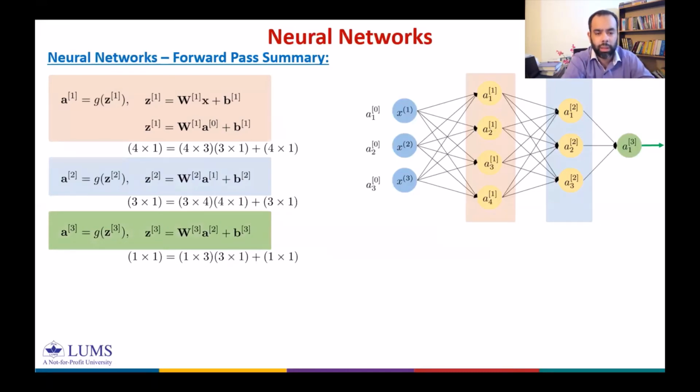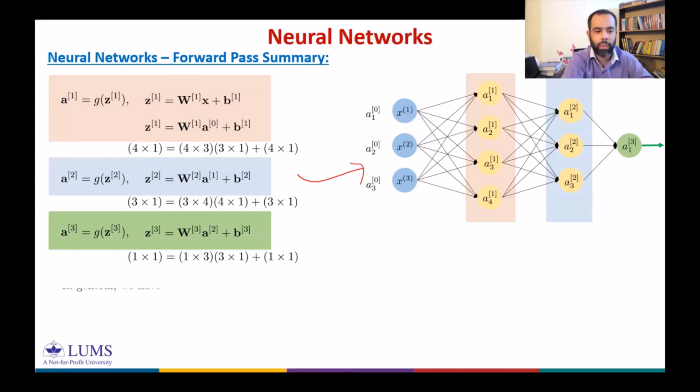So this is the forward pass summary for this example. We can generalize it, right? So in general, Z, the pre-activation output of the Lth layer, is the weight matrix for that layer times the output of the previous layer, the L minus 1 layer, plus the bias of the Lth layer.